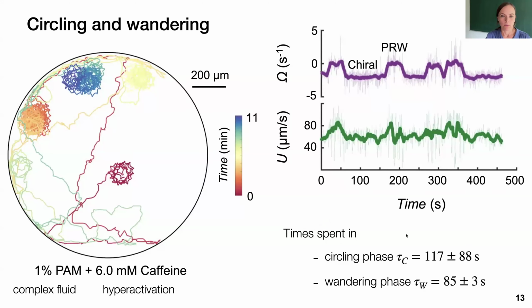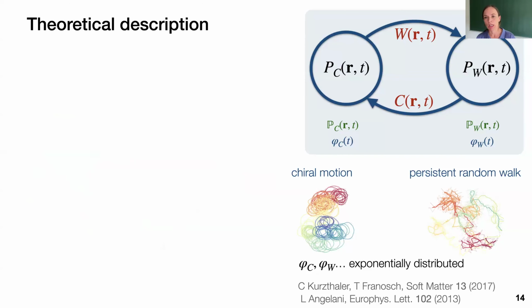Now, what we essentially developed was a little model that describes these intermittent dynamics, and we used renewal theory to do that. I'm not going to go into the details, but the idea is that we think of the sperm in the circling and wandering phase to be in either of two states.